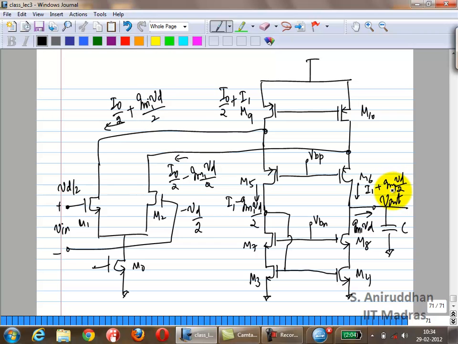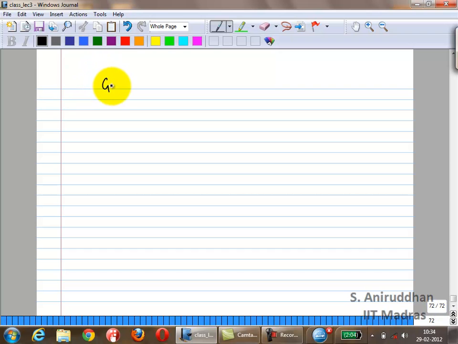So the current flowing out is GM1 times VD. So this is the same as your single stage or telescopic, right? There's no difference. So your large signal transconductance is GM1.